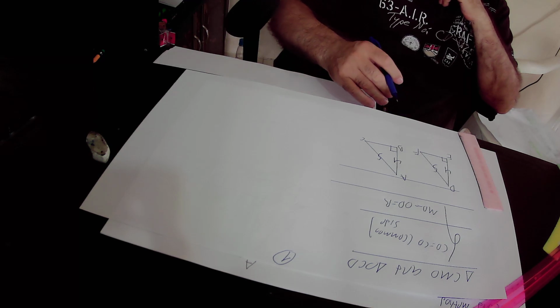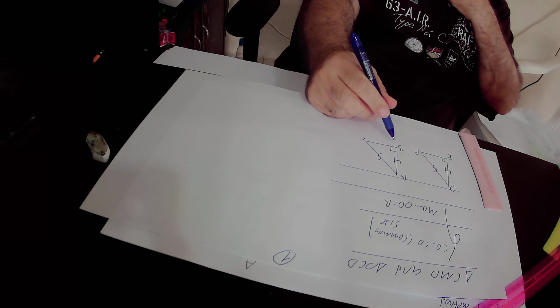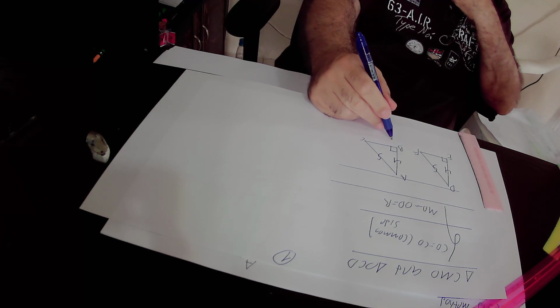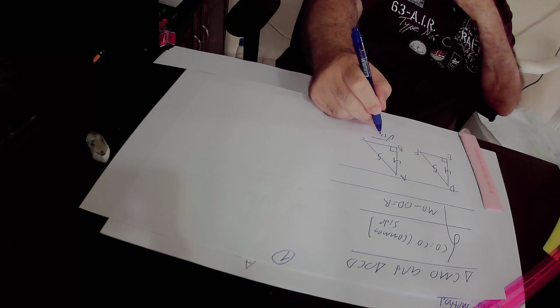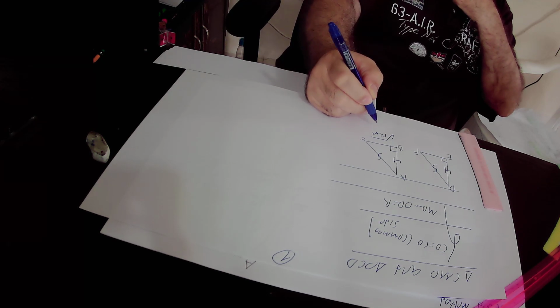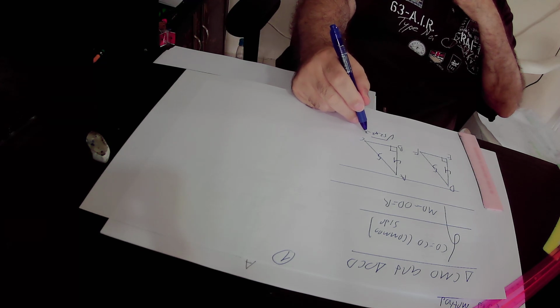Why? Because according to the Pythagoras theorem, the length of BC will be equal to the square root of 5 squared minus 4 squared. 5 squared is 25, minus 4 squared is 16, 25 minus 16 is 9, and the square root of 9 is 3.